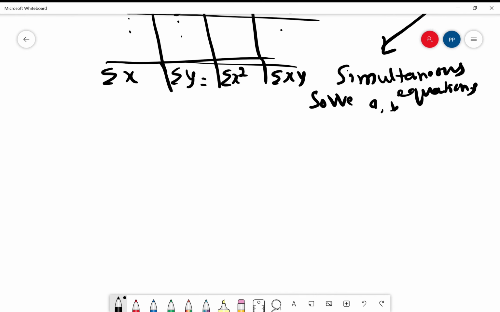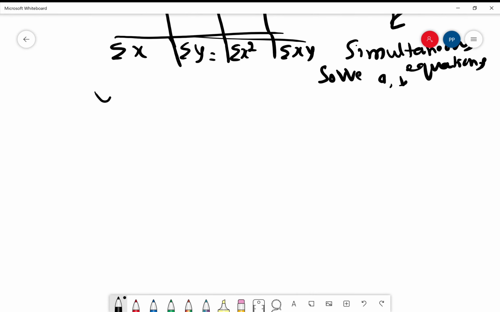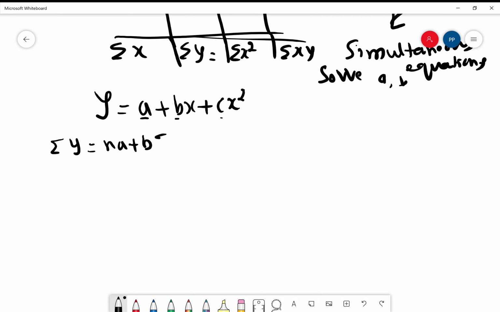Now, to fit a parabola of the form y equals a plus bx plus cx square, we have to determine three constants a, b, c, and for that we are using the normal equations, namely sigma y equals na plus b into sigma x plus c into sigma x square.